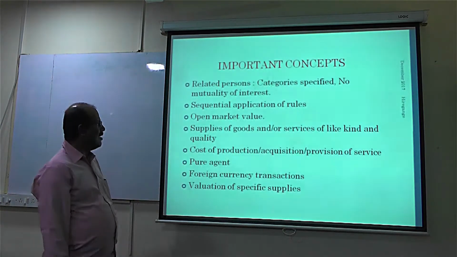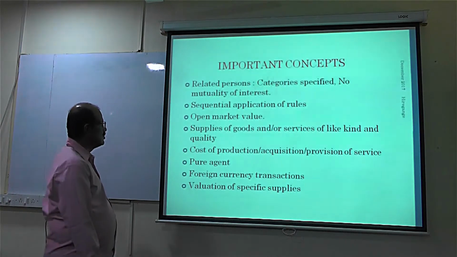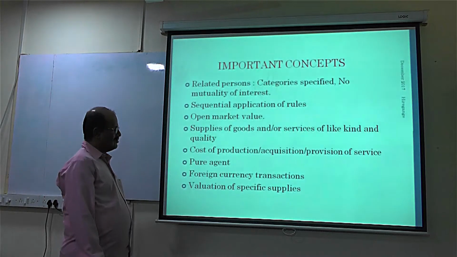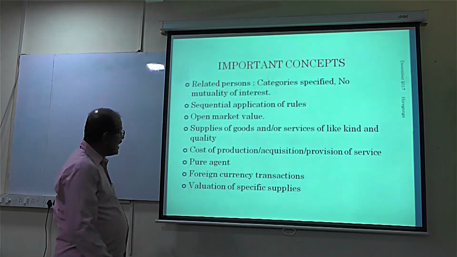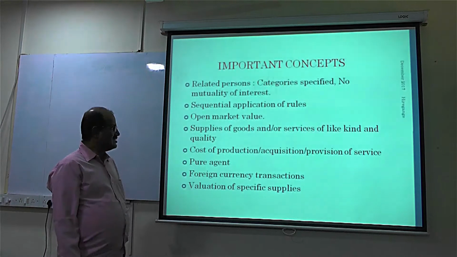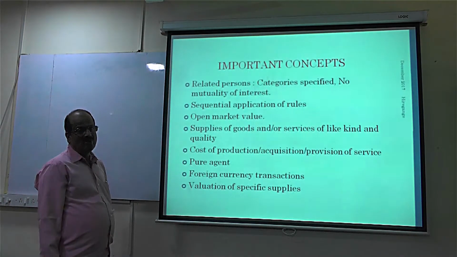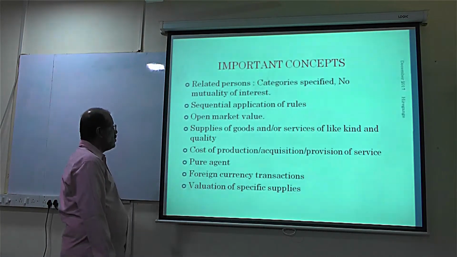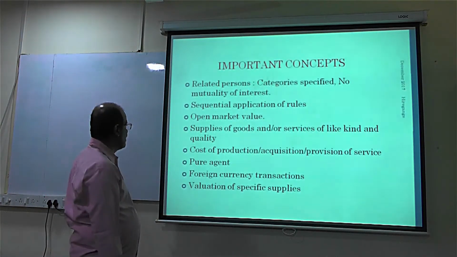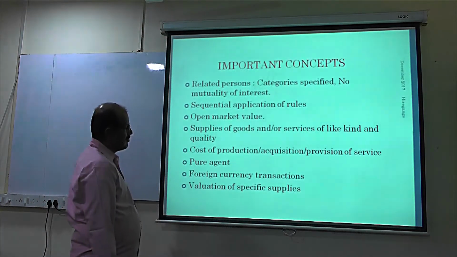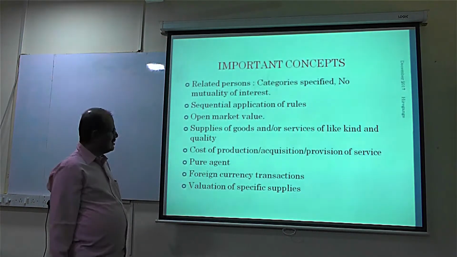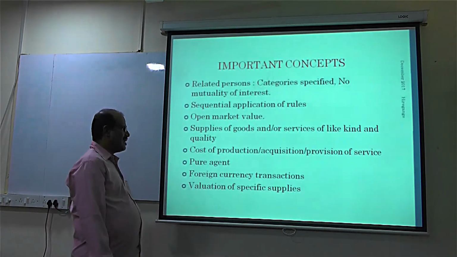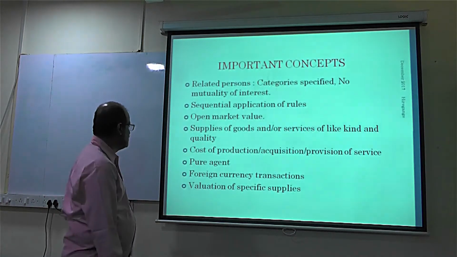The next option after the open market value in valuation rules is supply of goods and services of like kind and quality, to be considered in case open market value is not available. When these two are not available, namely open market value and supply of goods and services of like kind and quality, the cost of production of goods or cost of acquisition or provision of service become relevant.